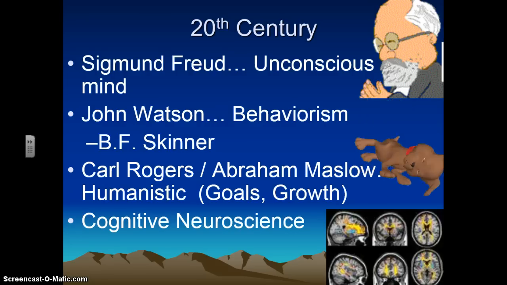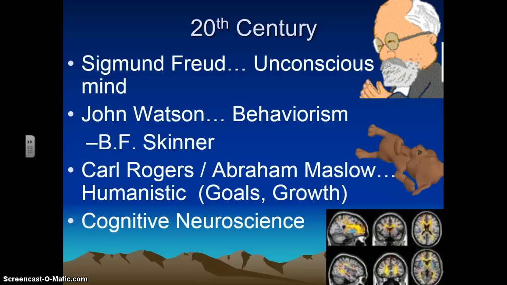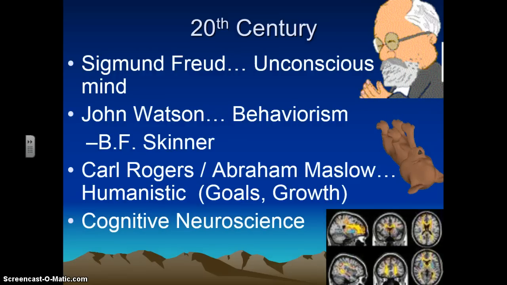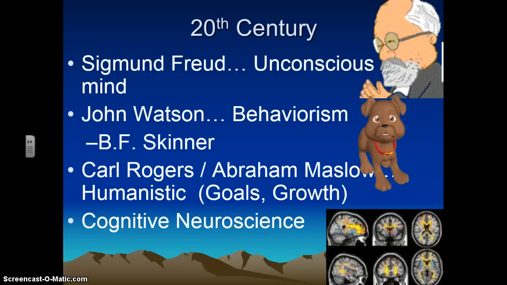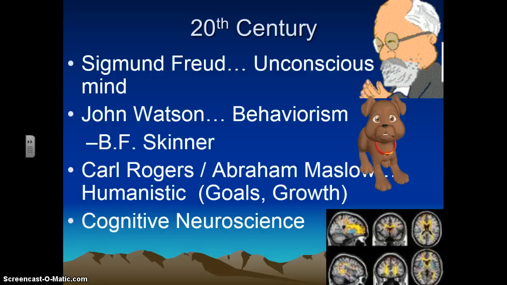Another field that has really come of age in psychology, and especially in the last 25 years, is the area of cognitive neuroscience. Now, in this class, whenever you see the word cognitive, I want you to think of the word thinking. Cognitive means thinking. So if we now analyze this, we're going to see the word cognitive, which means thinking.